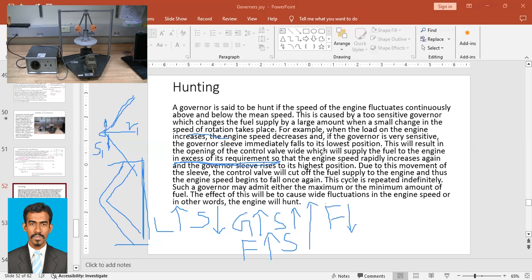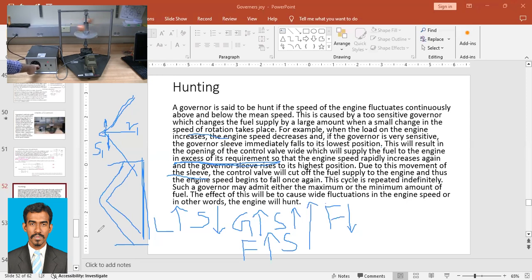So that's explained here. This will result in the opening of the control valve wide, which will supply the fuel to the engine in excess of its requirement, so that the engine speed rapidly increases again, and the governor sleeve rises to its highest position. Due to this movement, the sleeve is either moving to its topmost position or falling down to its bottommost position.